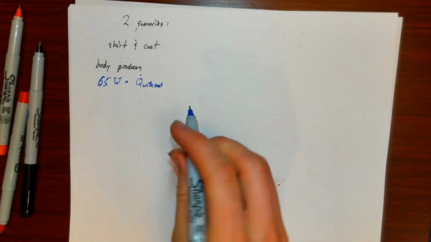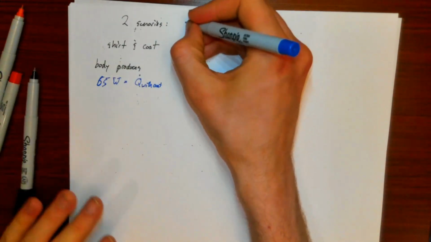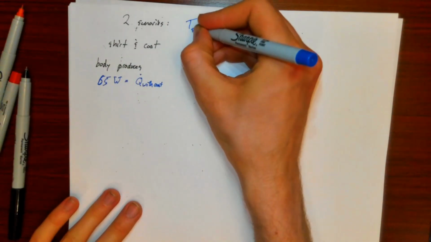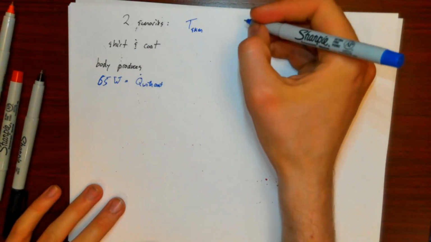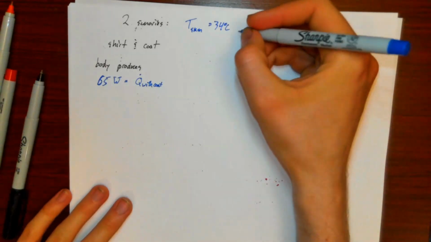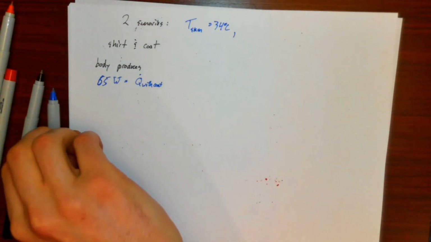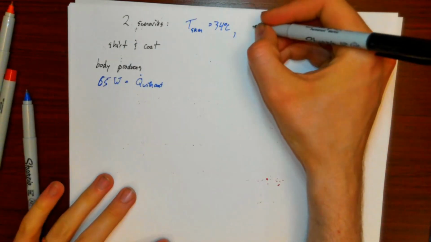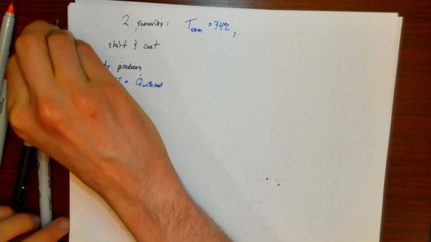And let's say I have two scenarios, and in both cases, my skin temp, T skin, is equal to 34 degrees C, and let's say I want to keep warm in 0 degrees C outdoor weather, right?